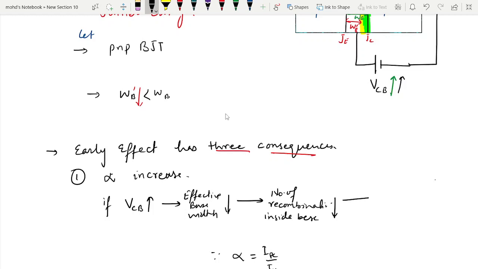And if the number of recombinations inside the base region decreases, it means more carriers reach the collector, and hence IPC will increase.